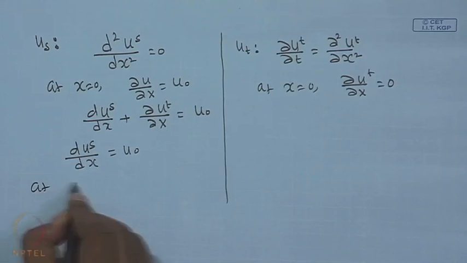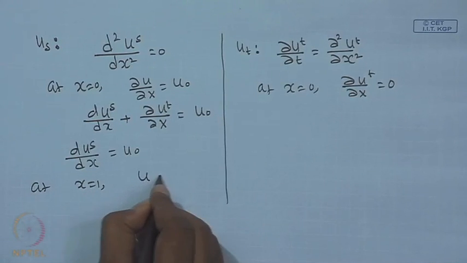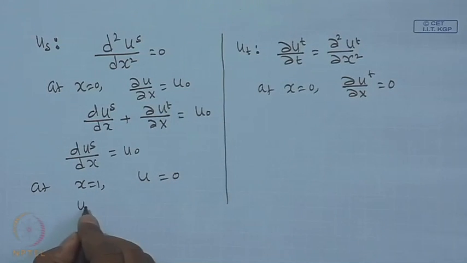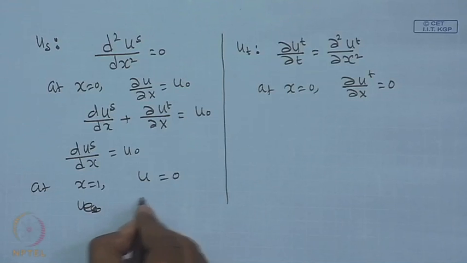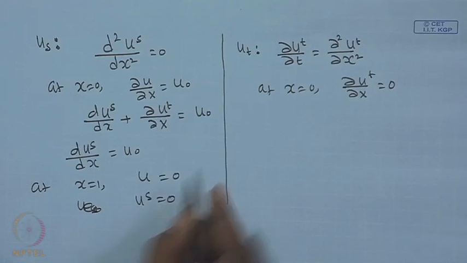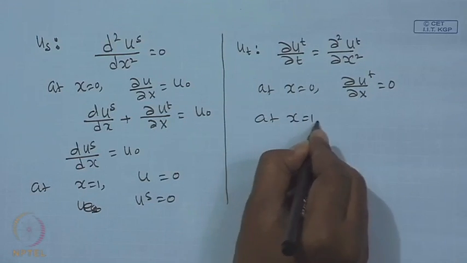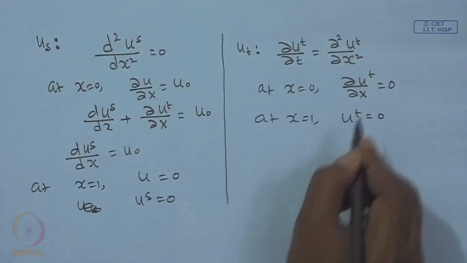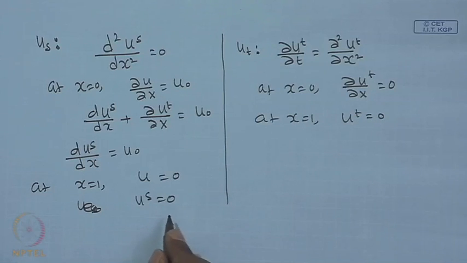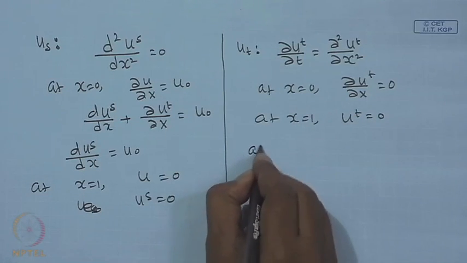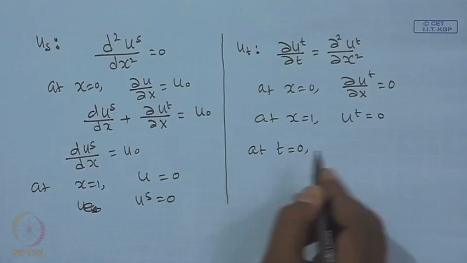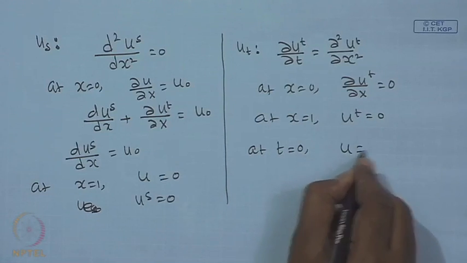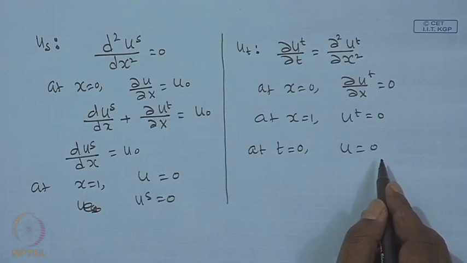So, at x is equal to 1, we had u is equal to 0. So, at x equal to 1, u s is equal to 0 and at x is equal to 1 we have u t is equal to 0. So, there is no problem in that, and let us fix the initial condition of the time varying part. At t is equal to 0 we had u is equal to 0, that is the condition on the mother problem.